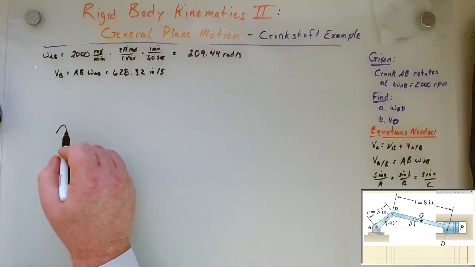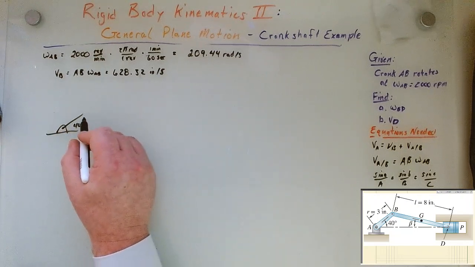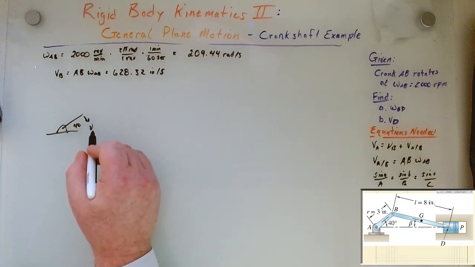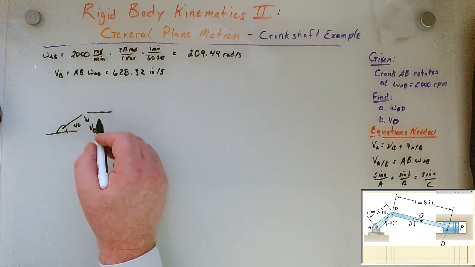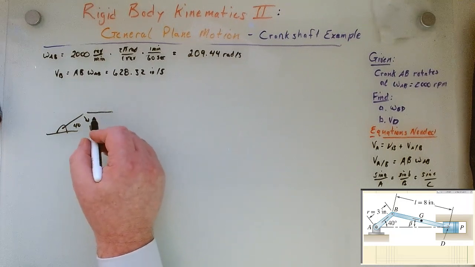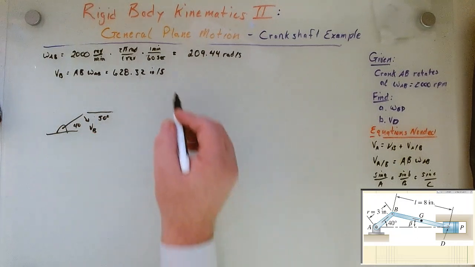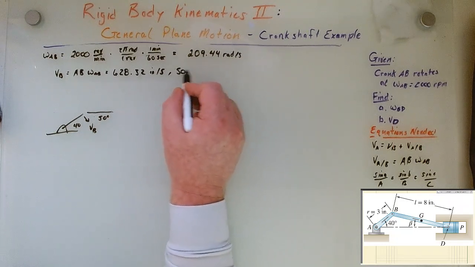And looking at the diagram, we're given that this is 40 degrees. Our velocity is normal to that, and so this is VB. So from the horizontal, we can see that this angle right here is 50 degrees, right? And we can add that.